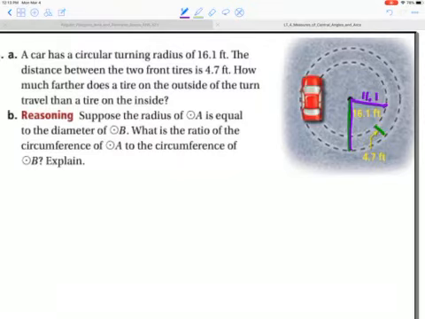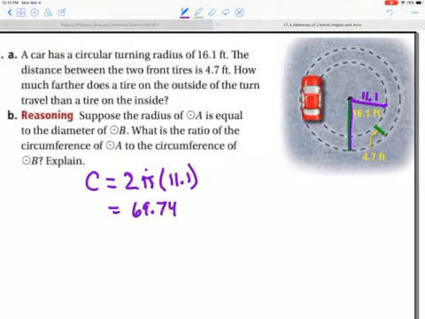And how much further does a tire on the outside of the turn travel than the tire on the inside? Well, the tire on the inside is going to go across the circumference, which is 2 pi r, or diameter times pi. Because I'm given the radius, I'll do 2 times pi times my radius, and the inner circle is 11.1. That's 69.74.